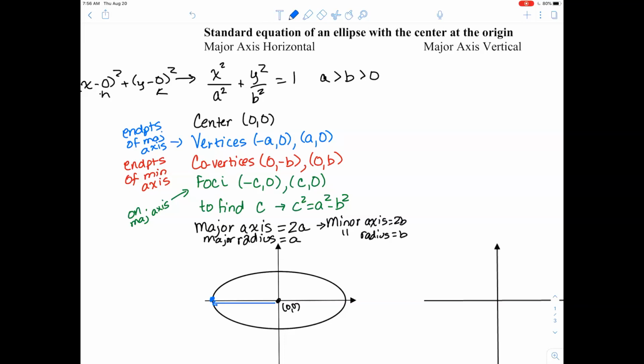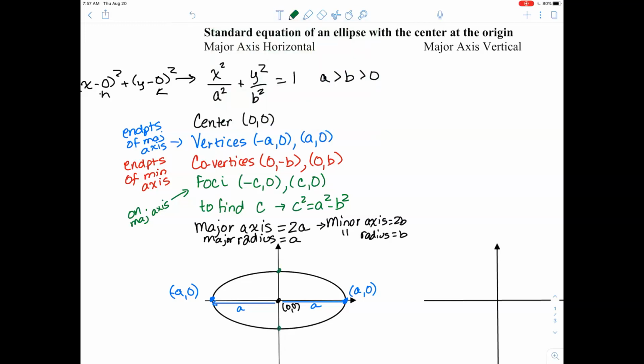Vertex is going to be A units back, so that's going to take us to negative A, still 0 on our Y. And if I go this direction on our major radius A to the right, that's going to take us to this vertex here, which would be at A, 0.